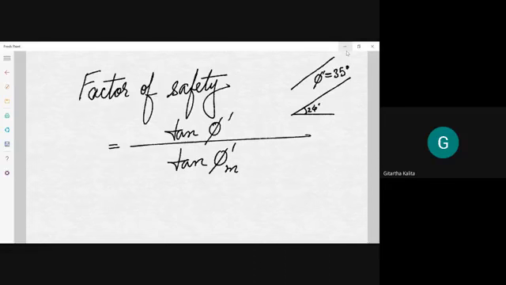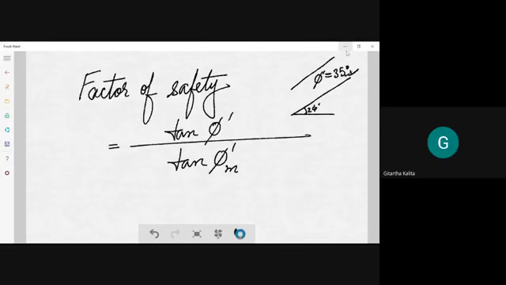This means the slope can get inclined up to 35 degree and it will not fail. That is its capacity.